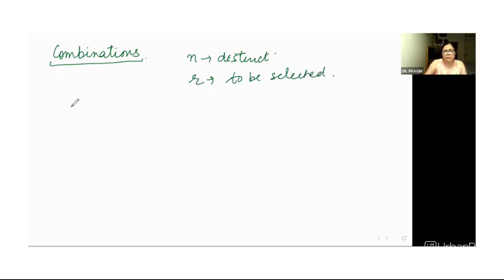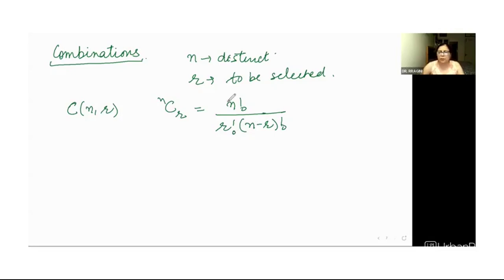So the formula for that, you can write C(n,r) or nCr this way. The formula for this is n factorial divided by r factorial into (n minus r) factorial, right? So this is the formula.